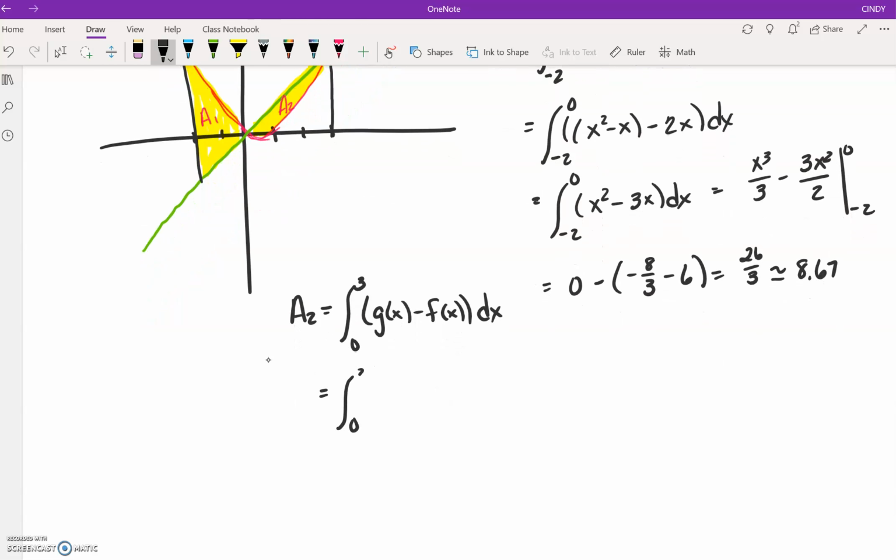The integral between 0 and 3, g of x is 2x minus f of x, which is x squared minus x dx. Let's simplify. The integral between 0 and 3 of negative x squared, and that's a plus 3x dx.